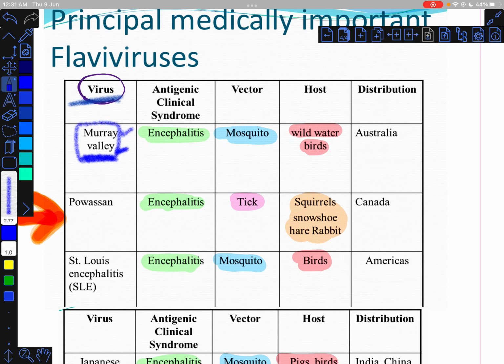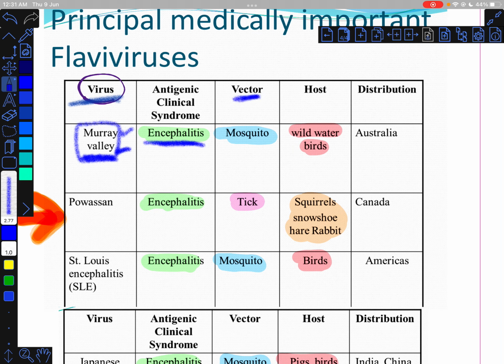Mary lives in the village, and this village has water, like a sea. So for the antigenic clinical syndrome, all of the viruses we will talk about later will cause encephalitis.